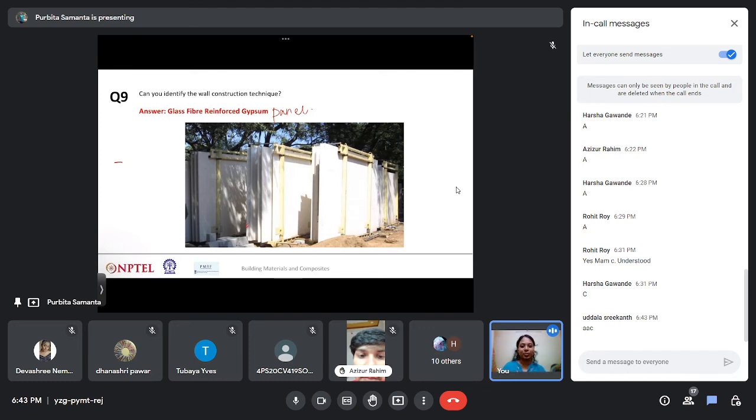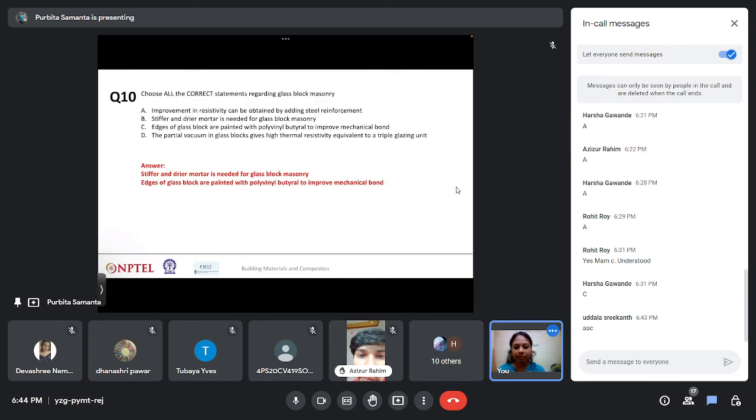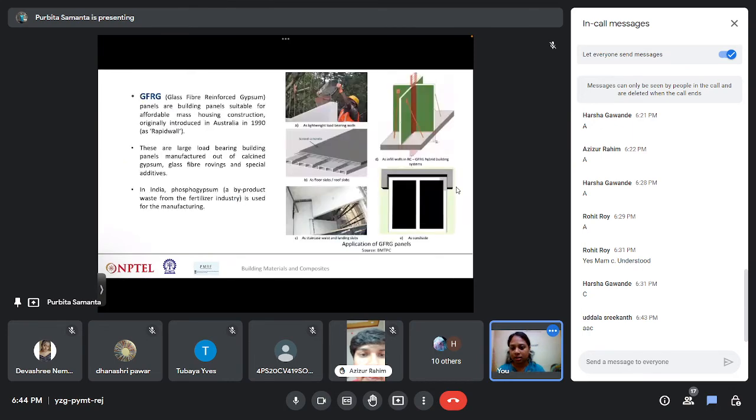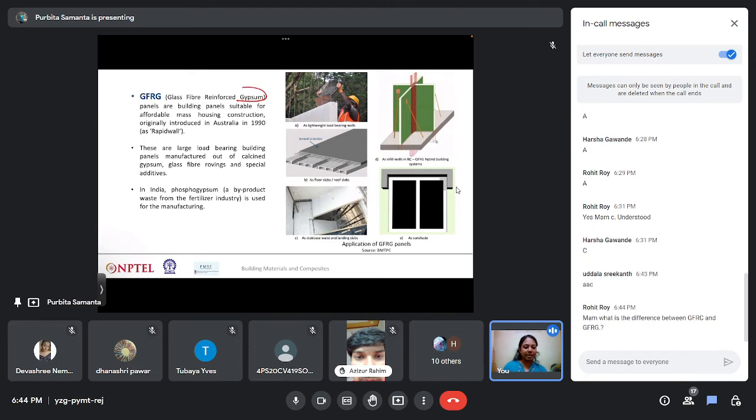So what are these, GFRC or sorry, GFRG? It can be concrete as well, or glass fiber reinforced gypsum. Just a second, it is taking a bit of time. I hope now it's visible. So, what is this GFRG? As you can understand from the name itself, gypsum is there, reinforced.